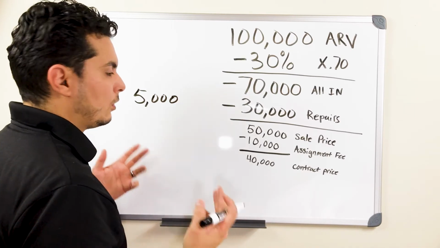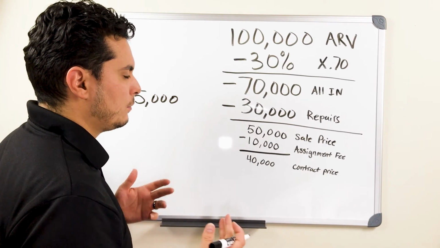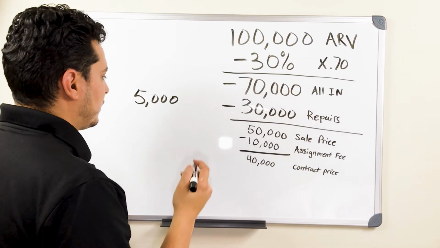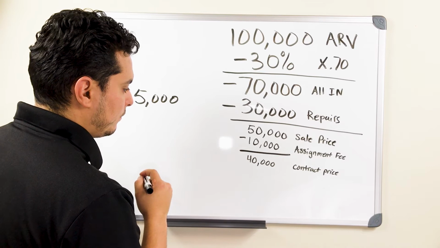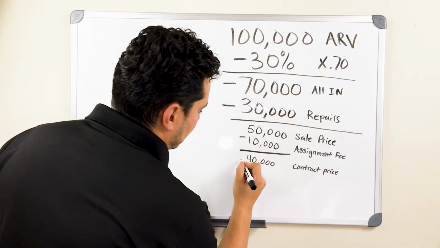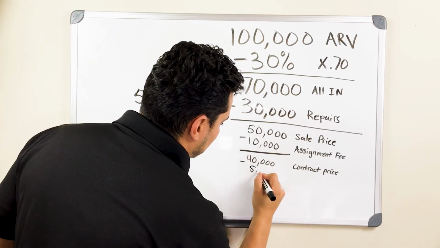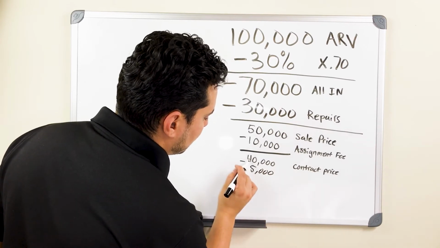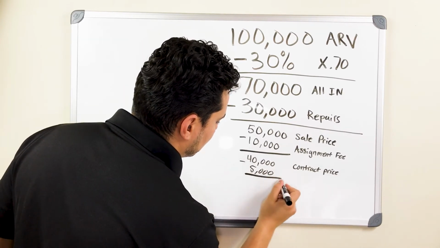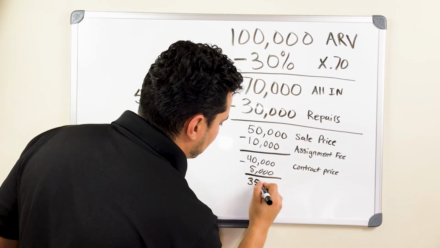They don't owe a mortgage on the property. That means that your seller is going to get a subtraction of this at closing. So instead of walking away with 40, they'll walk away with 35.